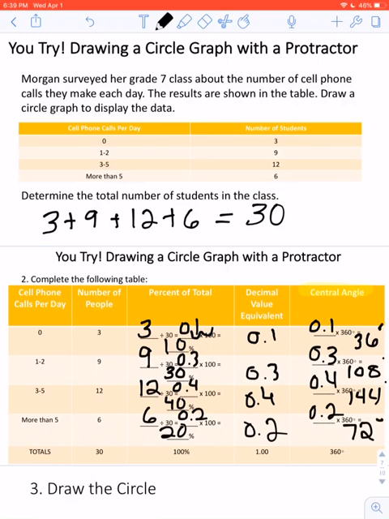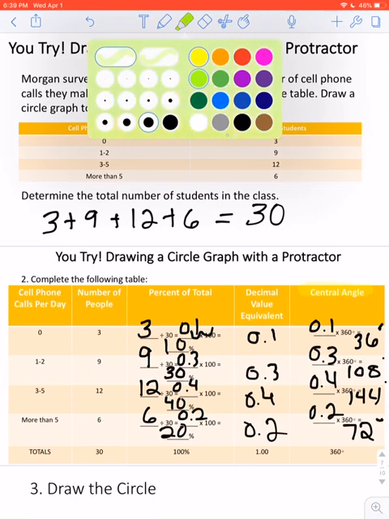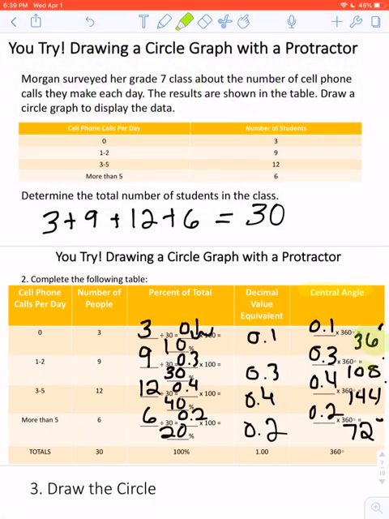So this is as far as we would take it on a test or a question. You would be required to show me that you can get these values right here, the central angle. The last and final step here, guys, is to just make sure that these all add up properly. So use your calculator. 36 plus 108 plus 144 plus 72. And it does add up, in fact, to 360.